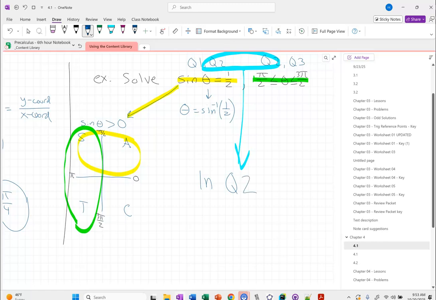So in Q2, what are we going to look for? Where the y coordinate is equal to 1/2.